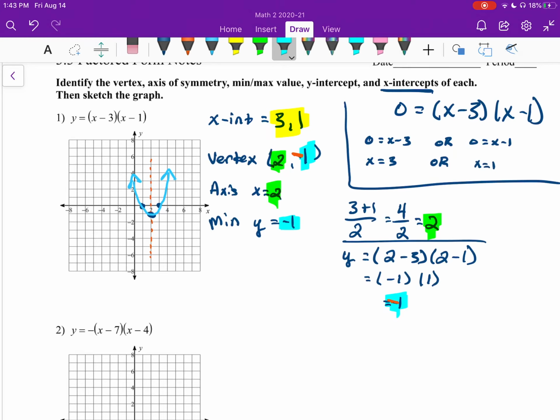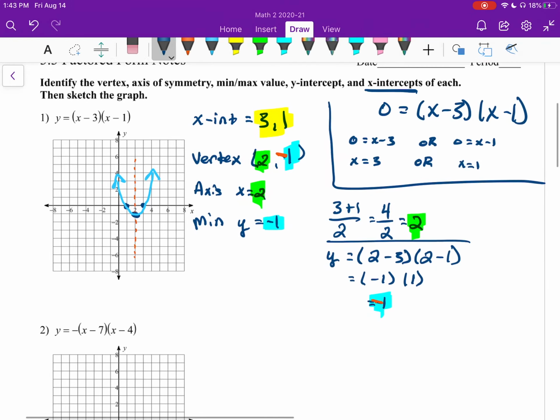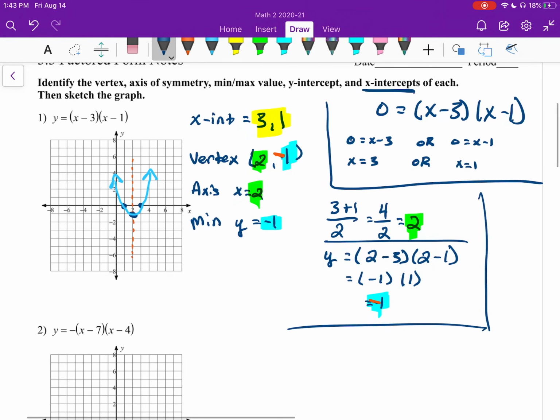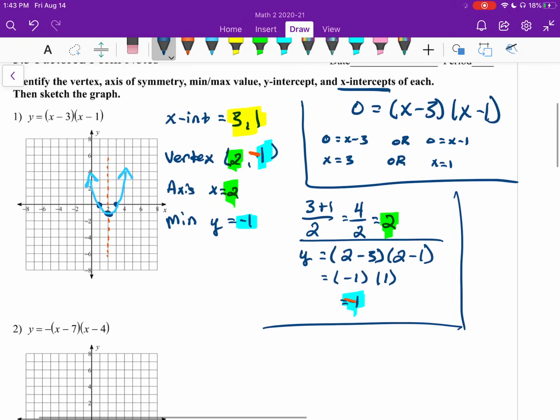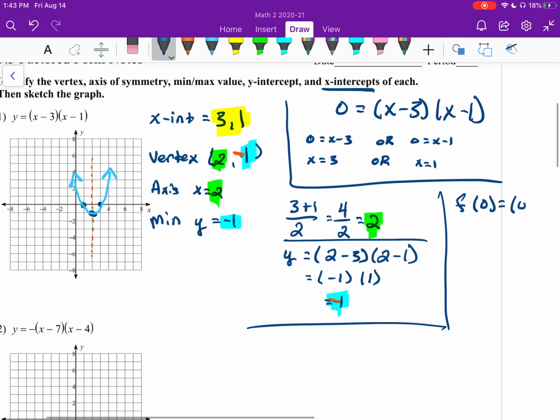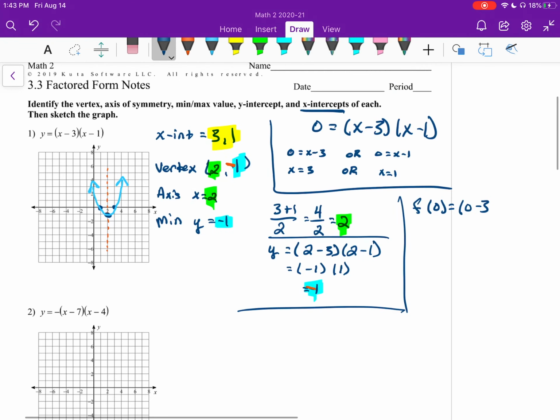Now, last up, we have to have a y-intercept. The y-intercept happens whenever we plug in 0 for x. So we have to do another step. These kind of get long. I'm going to plug it in like this. F of 0 equals 0 minus 3, 0 minus 1.